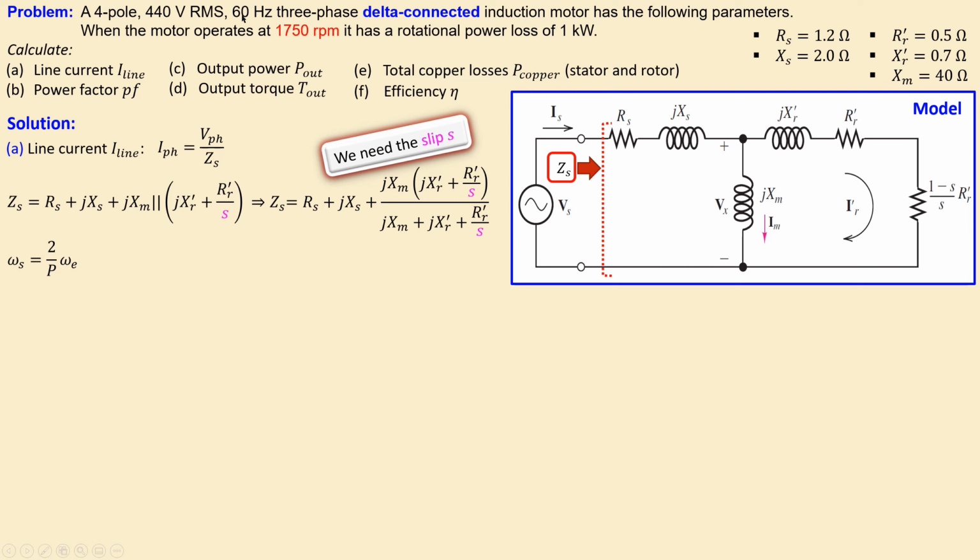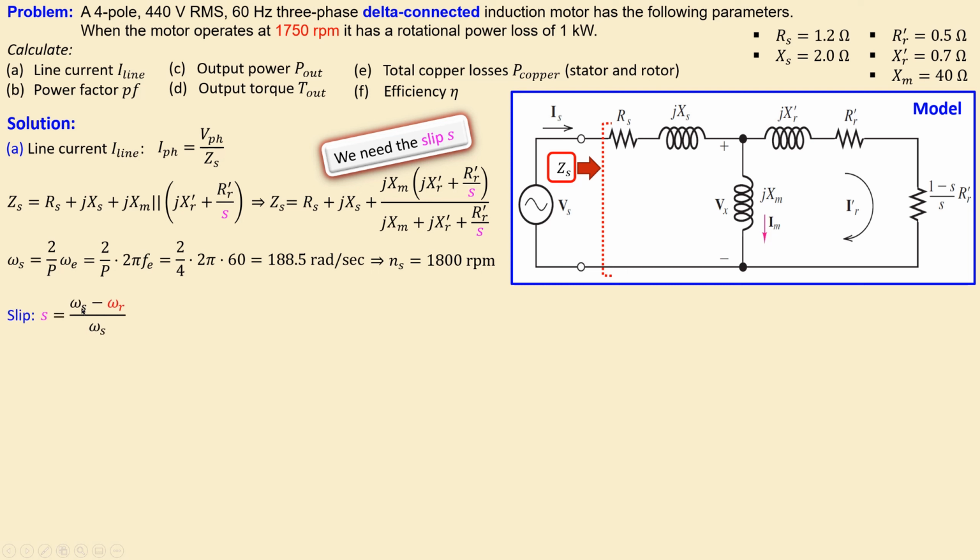In this case, the electrical speed is given by 60 Hertz, so we need to convert that to radians and substitute the values given here. So 4 pole, 60 Hertz, and you will get approximately 188.5 radians per second, which is exactly equal to 1800 RPM.